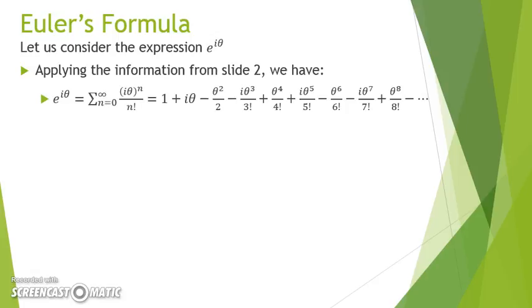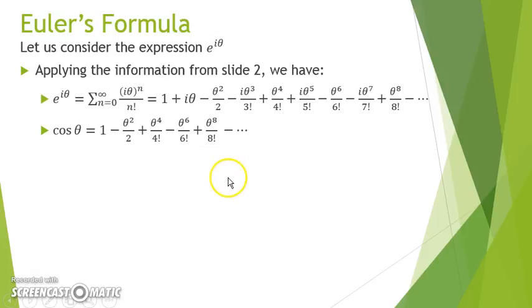So instead of our z here, we have i theta. So we have i theta to the n over n factorial, and then we add up from n equals 0 to infinity. The terms of that would be 1 plus i theta minus theta squared over 2 minus i theta to the third over 3 factorial plus theta to the fourth over 4 factorial, and so on and so forth.